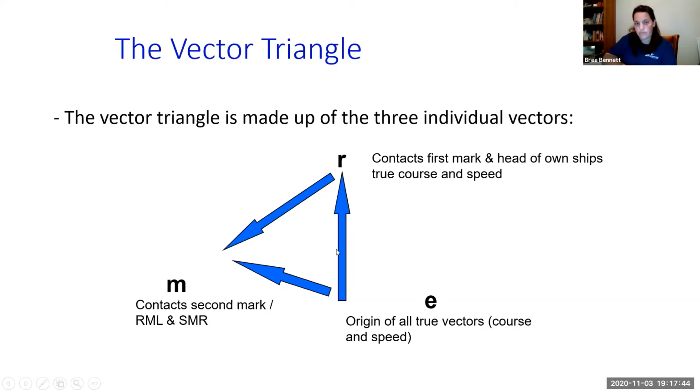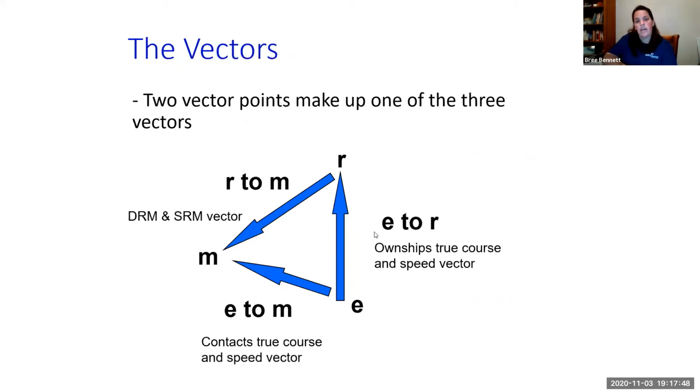And that's where we get the 3 points of the triangle. The 3 points give us the 3 legs to the triangle. R to M is our relative motion vector. E to M is the contact's true course and speed. E to R is our own ship's course and speed. So that E is the origin of all the true course and speeds, where R to M is the relative motion.